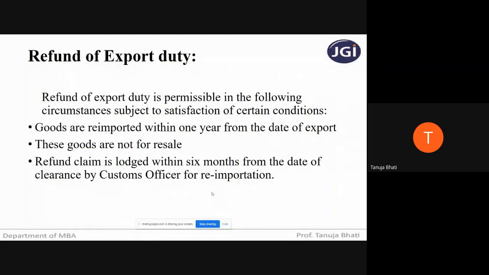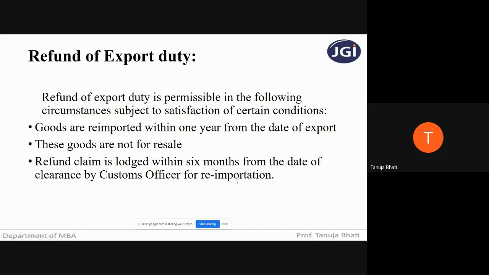Very important: you have to lodge the refund claim within 6 months. It is not that because you have re-imported goods within 1 year you can claim the refund any time. You have a certain time period up to which you can claim the refund.